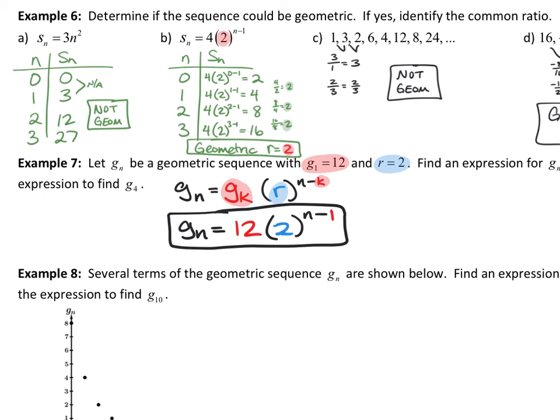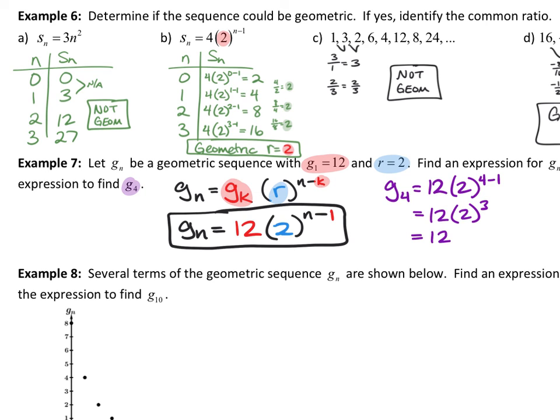But because, again, we're wanting to use this equation to find G sub 4, all we would need to do is take the number 4 and plug it in where the n goes. Okay, what is 4 minus 1? Yeah, don't overthink it. 3, okay. What is 2 to the third power?